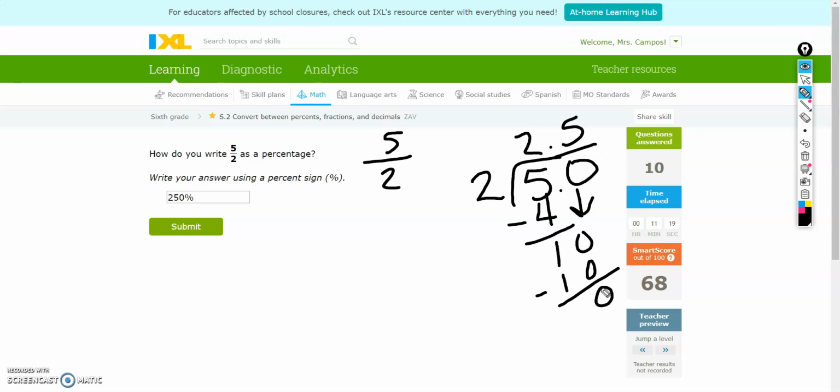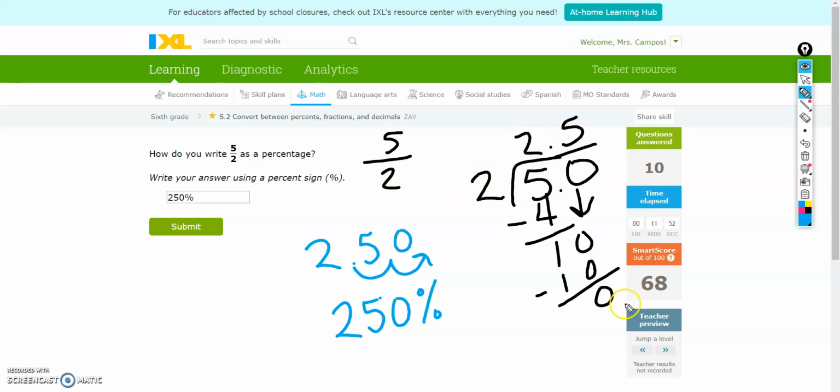Now, what I have is 2 decimal point 5, but that's not a percentage, that's a decimal. So now I need to move it 2 places to the right. Where that blank is, I put a 0, so that's 250%, just like we got before. So that's another strategy. So a recap of that, we had 5 over 2, so we did 5 divided by 2. We did it until we got a remainder of 0, and we moved the decimal over 2 places.